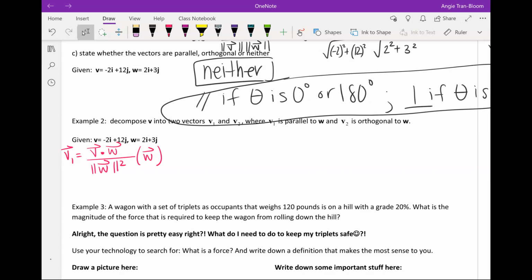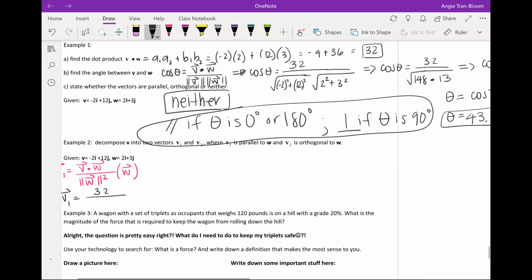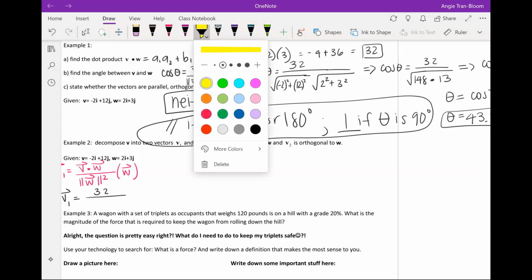Yes, 32. Do we know the magnitude of W already? Yes, we computed it earlier. It was root 13.